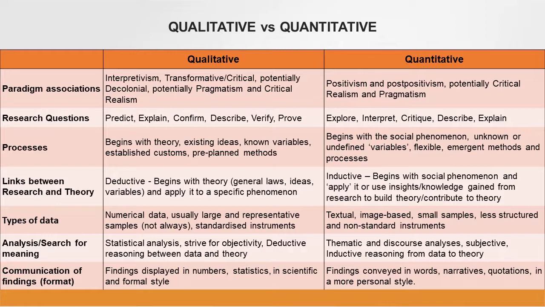Since these variables are already fixed in meaning, because remember we started with theory, the focus is on measuring the variables and in determining relationships between them. This is also why we would say that quantitative research on the whole uses deductive reasoning. Reasoning that starts with generalized ideas from theory and uses these to find out something about a specific phenomenon.